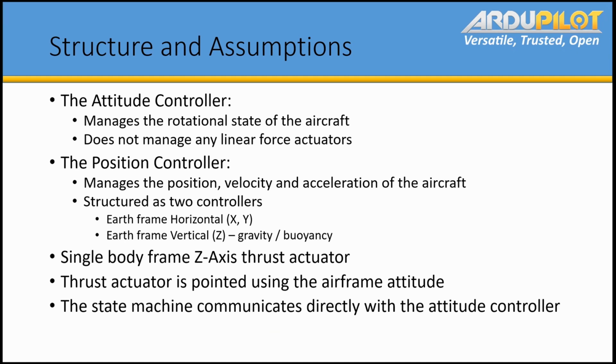So currently we have a structure for Copter that assumes a single Z-axis thrust vector. We point that thrust vector by defining our attitude, and that is how we navigate. We've got a magnitude for that thrust vector. We have an attitude that defines the direction. So that gives us what we need to navigate. We've got constant gravity down.